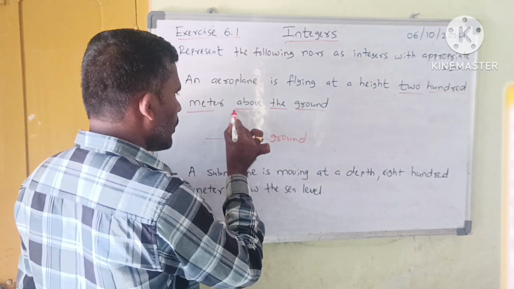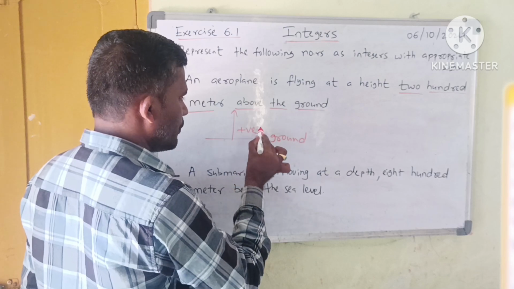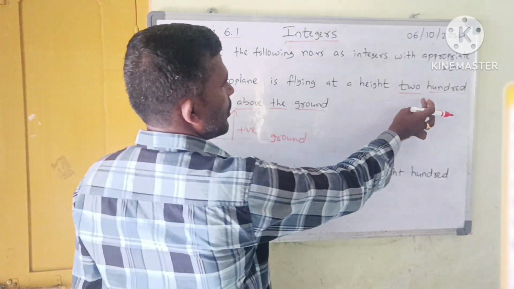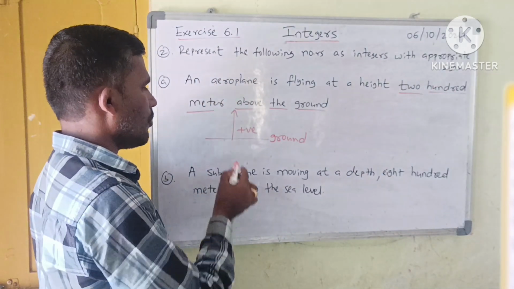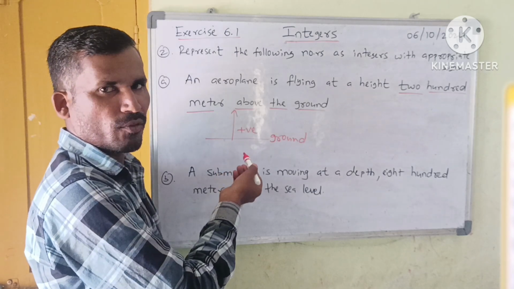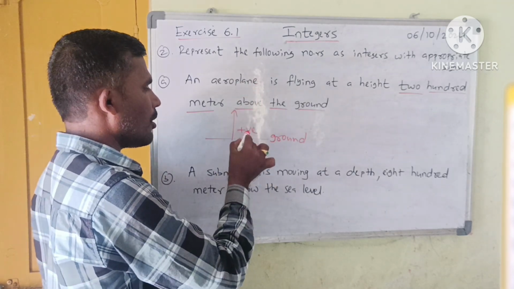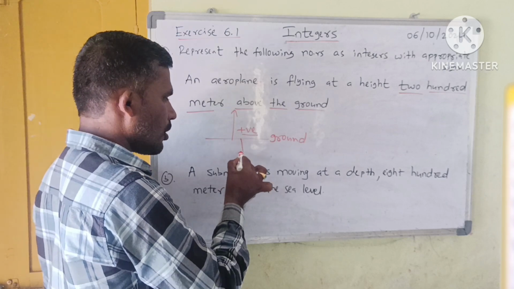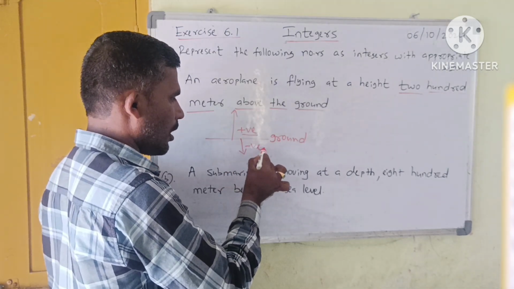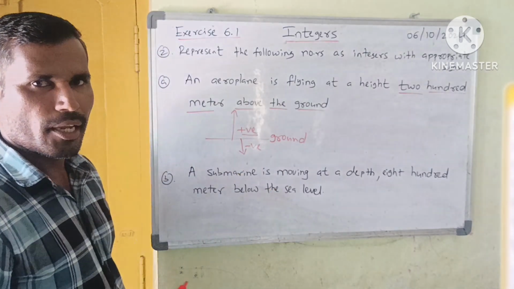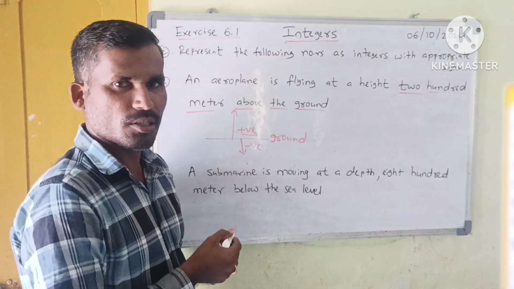Above the ground level, you have to take all as positive, whether it is 200 meter or 1 meter or 2.5 meter above the ground level. Below the ground level, you have to take negative numbers.